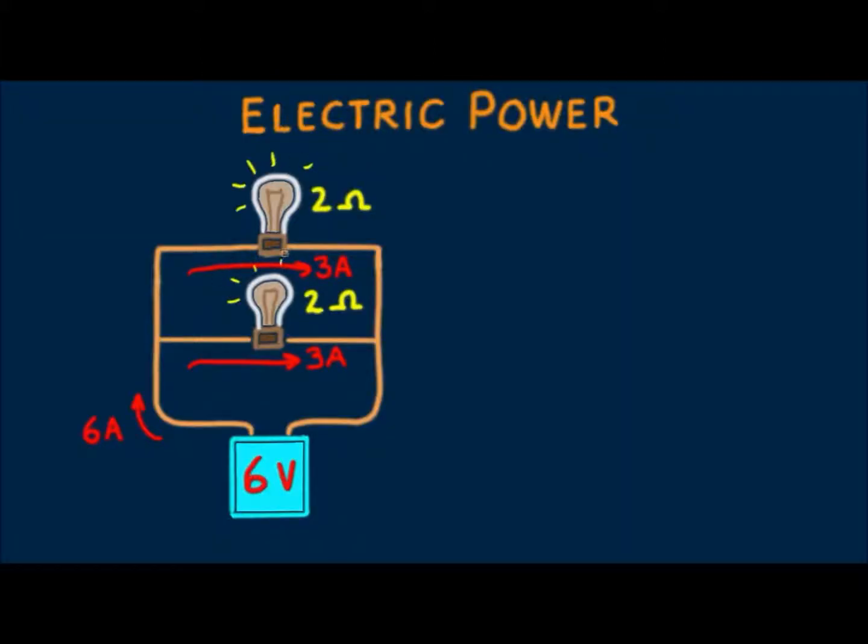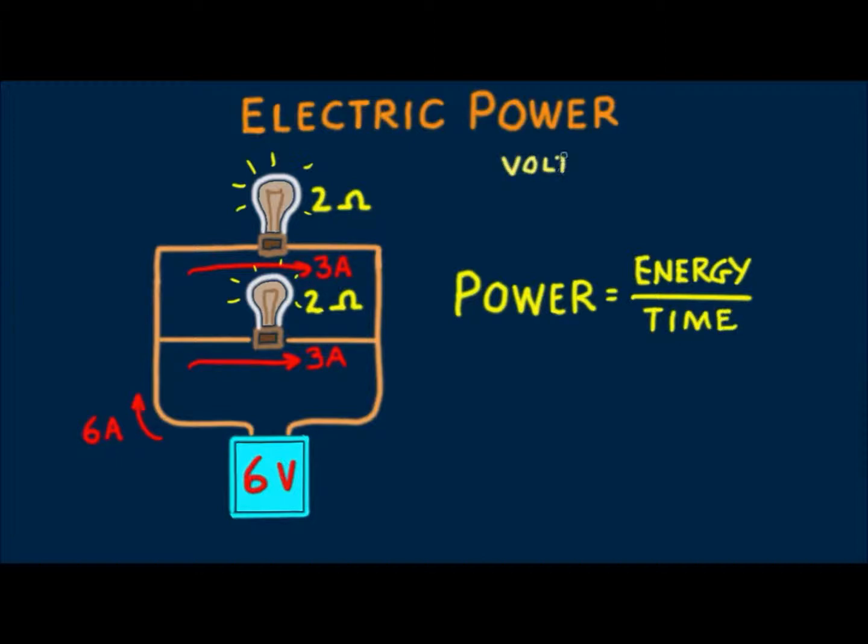And both bulbs glow with the same brightness. Brightness involves the energy emitted by a bulb, more specifically, the energy emitted per unit of time. Now we're talking about power. Recall that power is the ratio of energy per time.